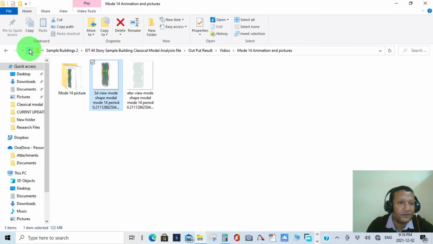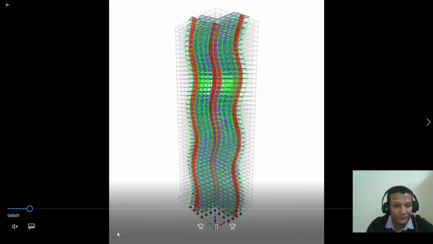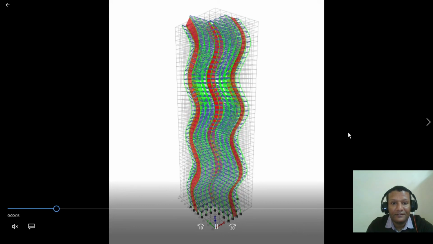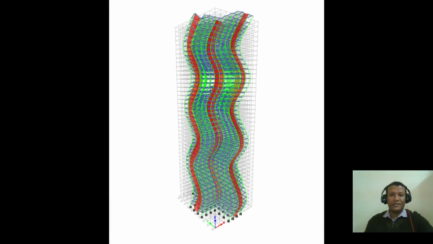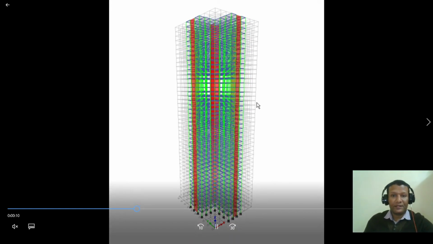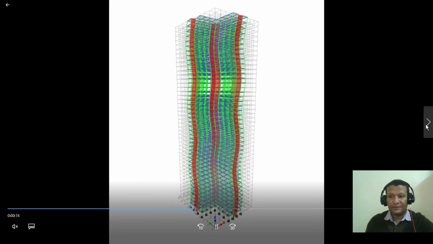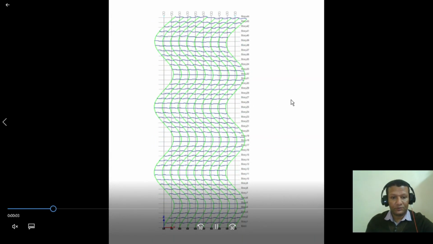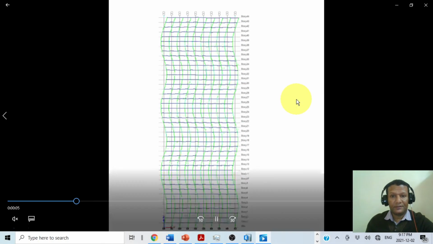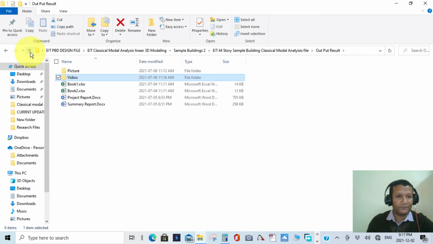Let's go to the final, 20th mode, for example. This is the 20th mode. This is for the 44 story building. Again, I will show you the 100 story building. This is for the 44 story building. Okay, the 100 story building.